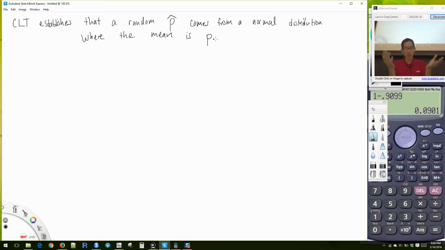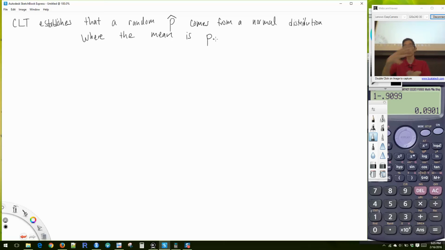Whenever you draw a random sample out of the bucket, the proportion you get is going to be similar to the actual proportion in the bucket, but not necessarily exactly that. So that's what we've established so far, and now we're going to apply the reverse of that.